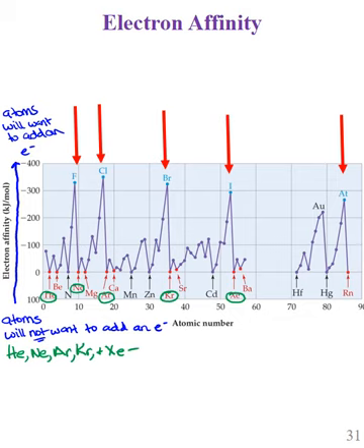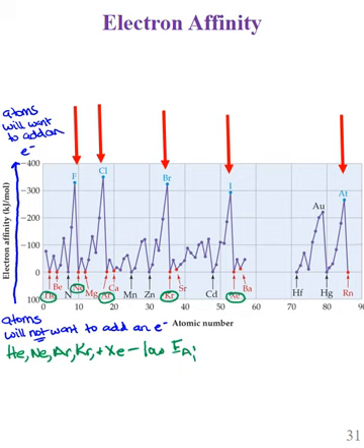What do you notice about the electron affinities here? These will have very low electron affinities. I'm going to denote it as EA. Why do you think these will have very low electron affinities? These are noble gases.